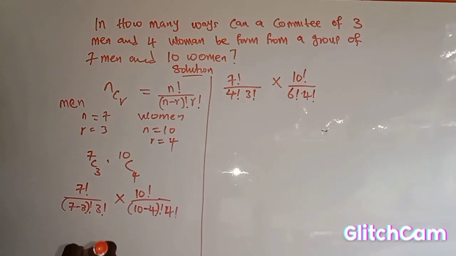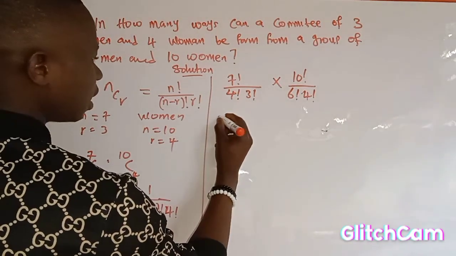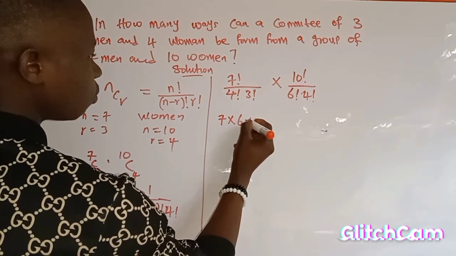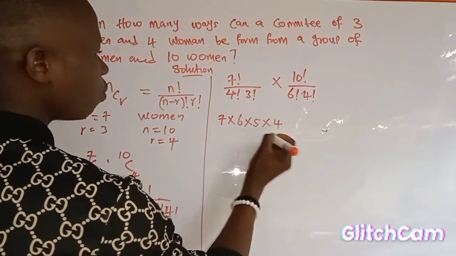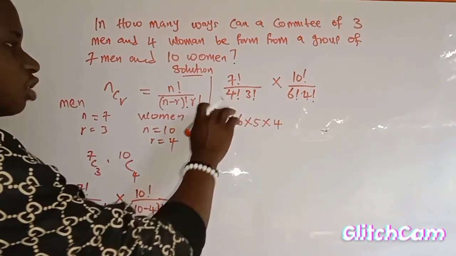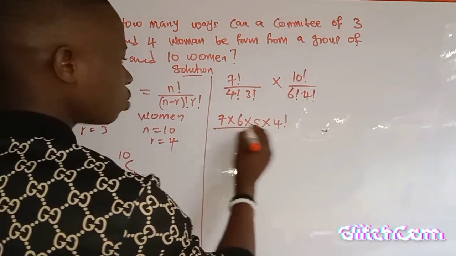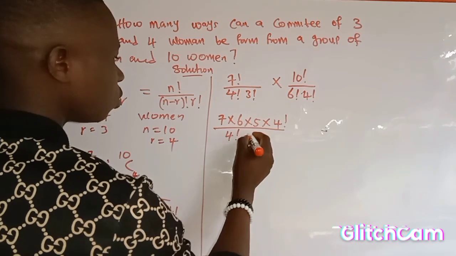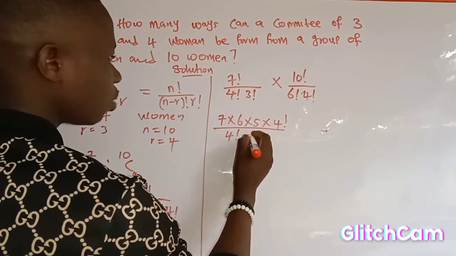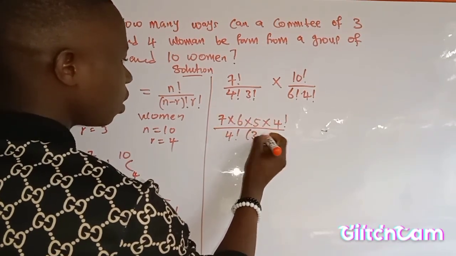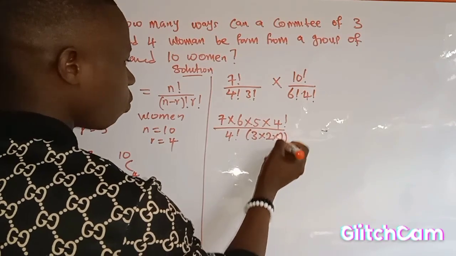So to simplify this, 7 factorial can also be written as 7 multiplied by 6 multiplied by 5 multiplied by 4 factorial. We are going to stop at 4 factorial because in the denominator, the highest factorial there is 4. All over 4 factorial, and this 3 factorial can be expressed as 3 multiplied by 2 multiplied by 1.